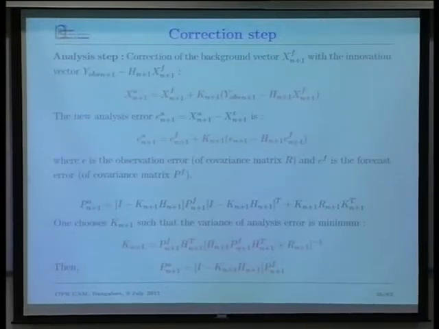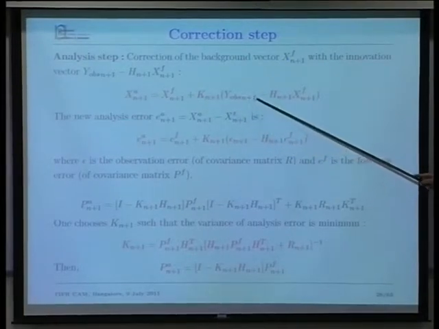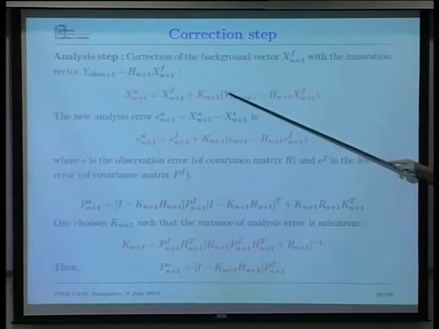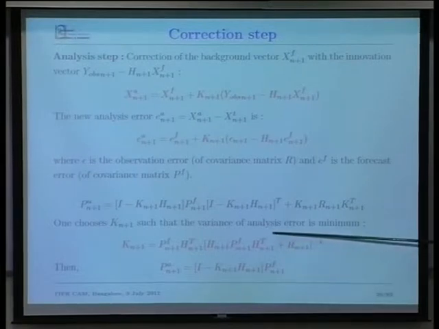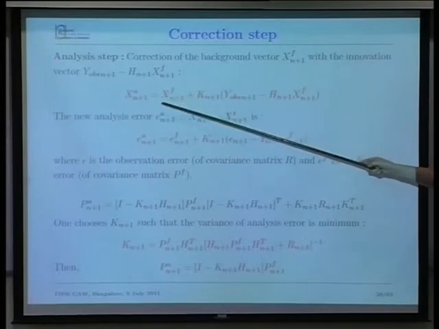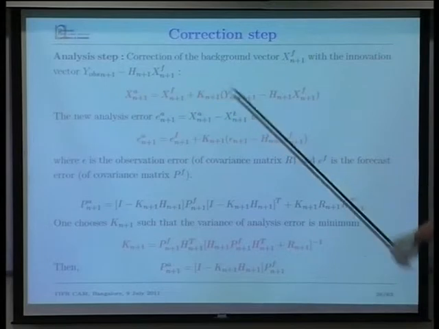Then you have the analysis step. So the forecast is updated with the difference between the observation and the forecast using a gain matrix. And the gain matrix is the optimal matrix that makes the lowest possible error on the analysis.